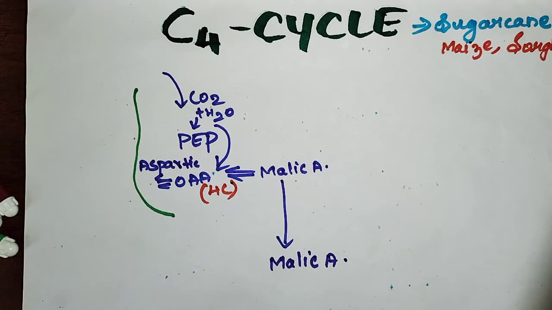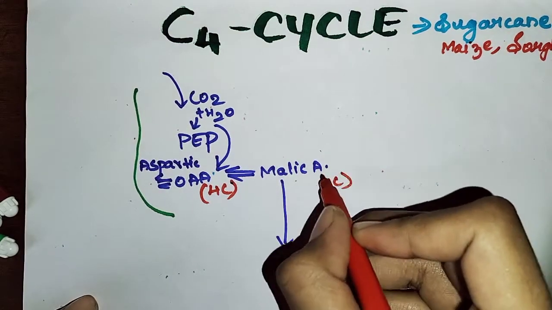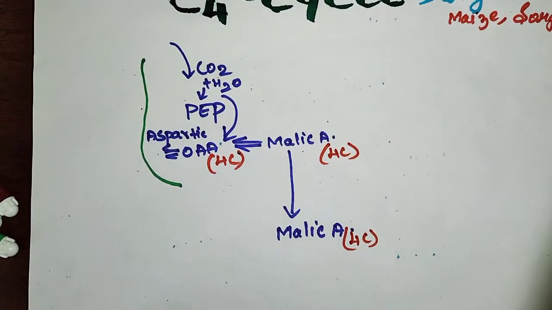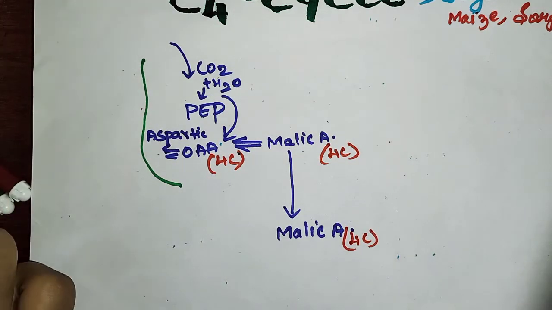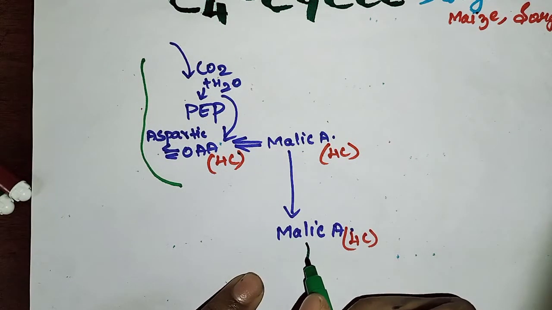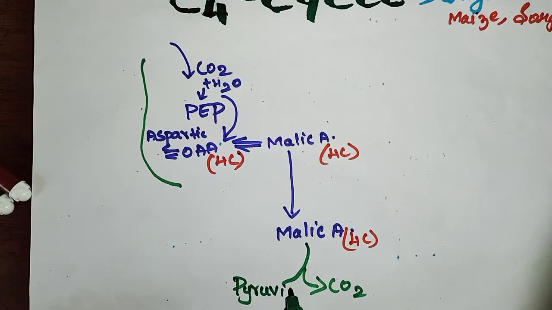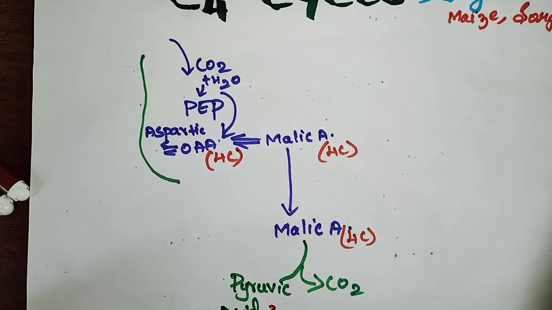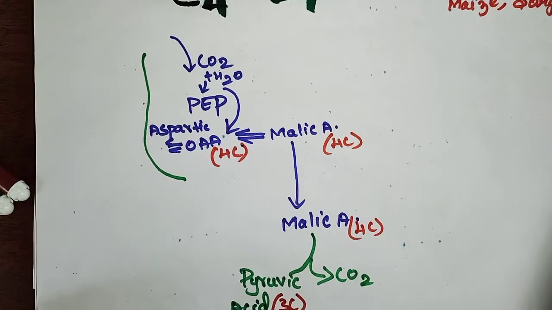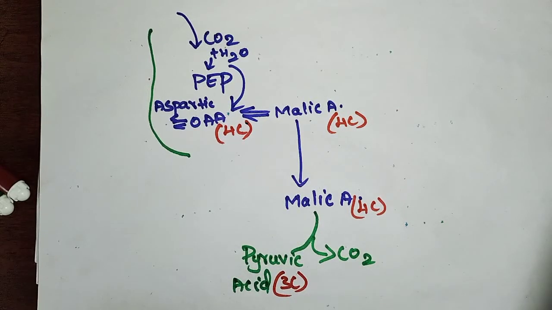Now, what happens here? This malic acid is a 4-carbon compound, correct? From here, one carbon dioxide is released and the other product is pyruvic acid. Pyruvic acid is a 3-carbon compound, correct? So one carbon dioxide is released.